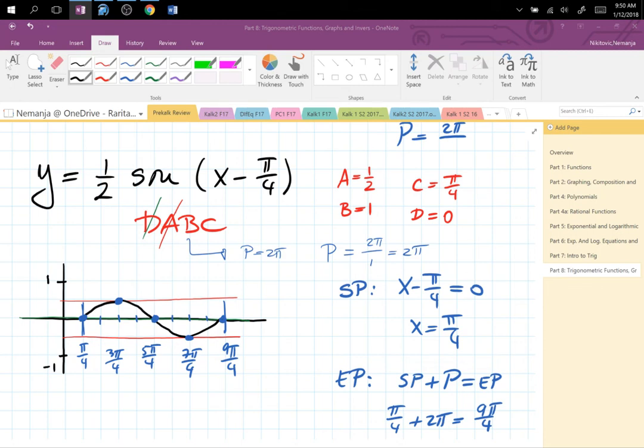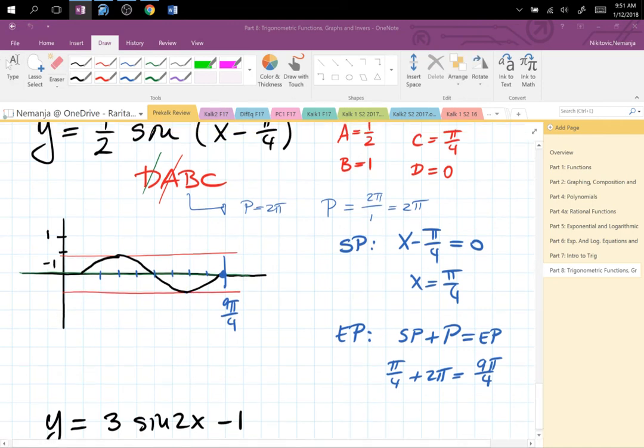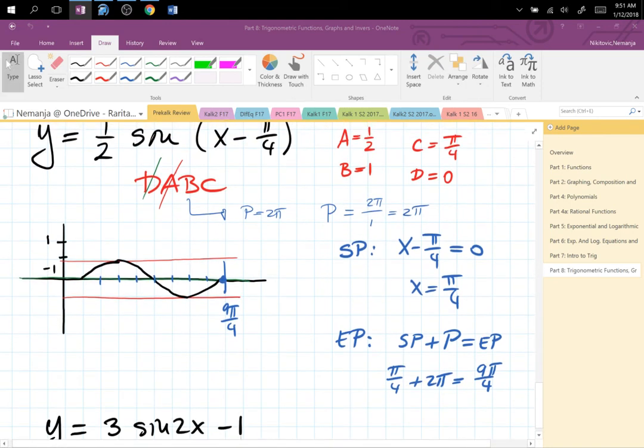So try this one on your own. I'm going to just write it here real quick. Y equals 3 sine 2x minus 1. 3 sine 2x minus 1. I'm trying to squeeze so you can see the previous example at least a little bit. So try working this out on your own.